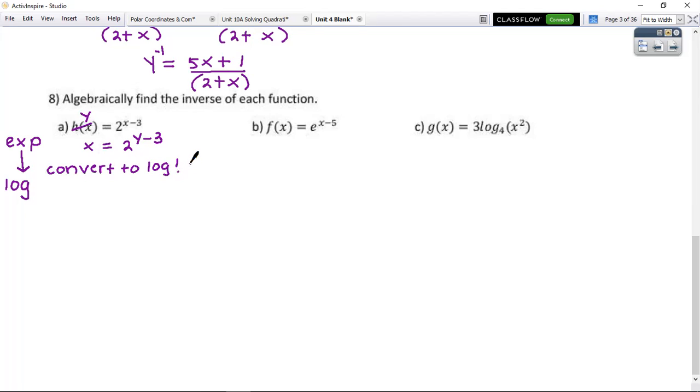The 2 goes down, and the second and the third items flip places. And I think you'll all see how to solve it from here. What do I do with the 3? Add it over. Yep. Log base 2 of x plus 3 is equal to my inverse.